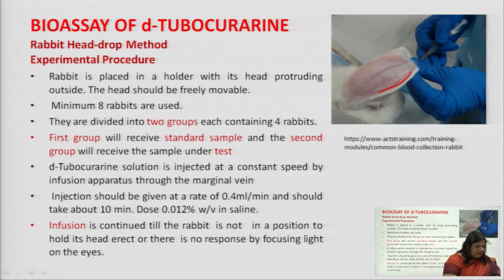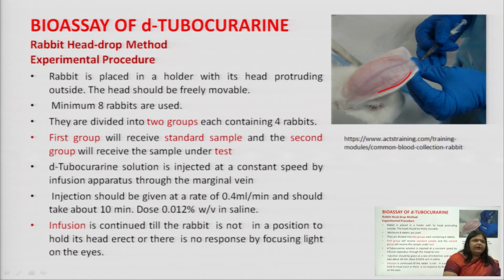We place the animals in a holder with the head protruding outside, as we saw in the last diagram. The head should be freely movable. A minimum of 8 rabbits are used, divided into 2 groups. Each group contains 4 animals. One group will receive the standard sample and the second receives the test sample.